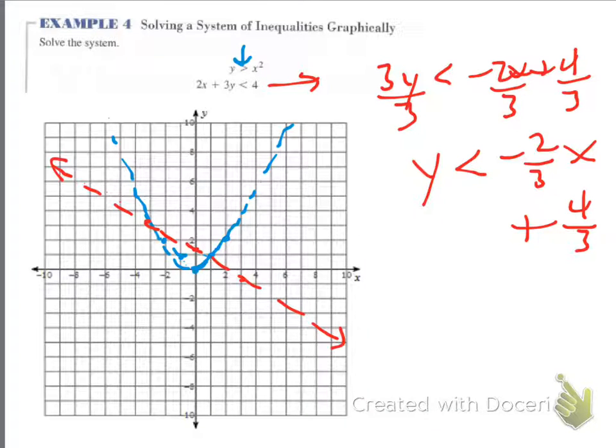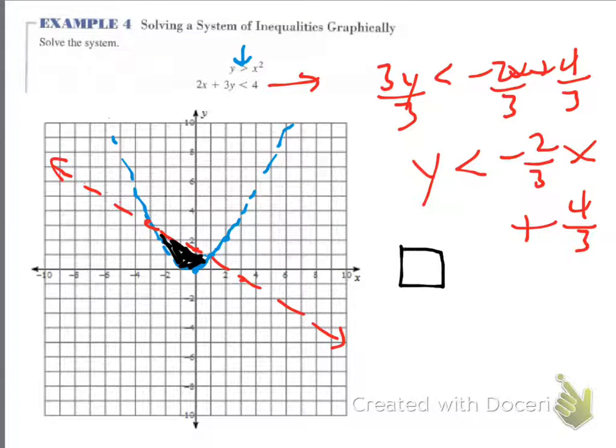Now, at this point, guys, it doesn't matter to me. You can obviously put it in your calculator and find out that the common region is right in there. Okay? Now, quick reminder. When we talk about putting in greater than or less than in the calculator, here's the key.